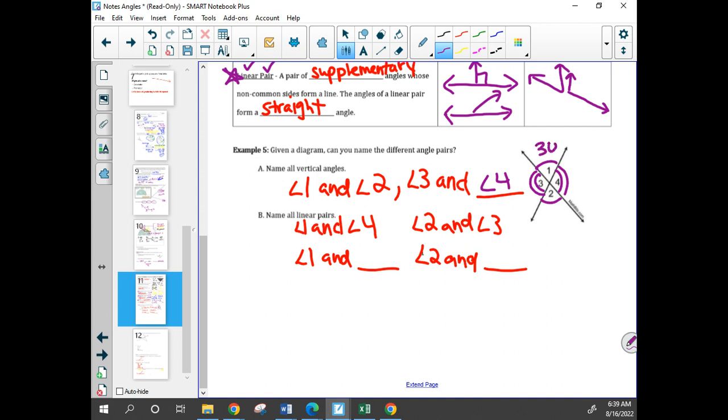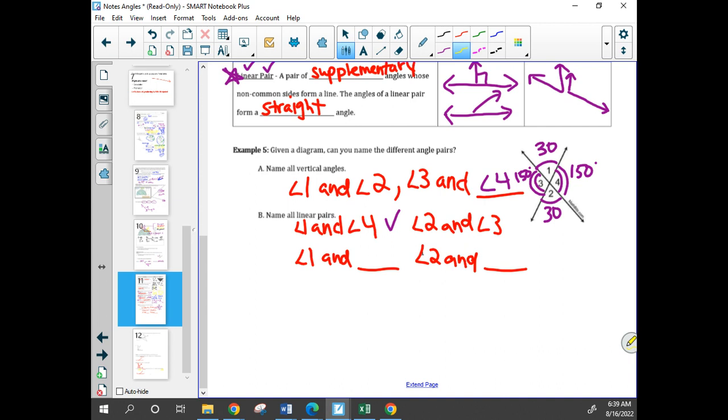You could say that this is 30, this is 30. The other angles have to be linear pairs with your acute. So 30 plus 150 is going to make your linear pairs. So with 1 and 4, they should add to a straight line. I'll check this off so you can see where I'm at.